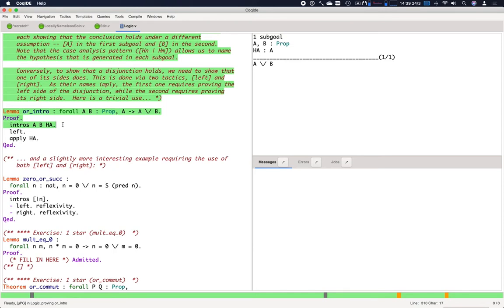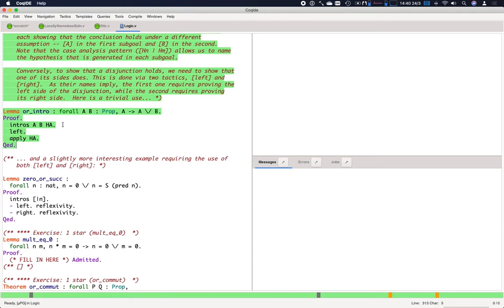Looking at the assumptions here, we've already got a proof of A. So the best way to go is to the left here. If we went to the right, we would need a proof of B, but we don't have one of those. So here we can go to left, and notice that the A or B just turns into A, and now we can apply the proof of A that we already have.